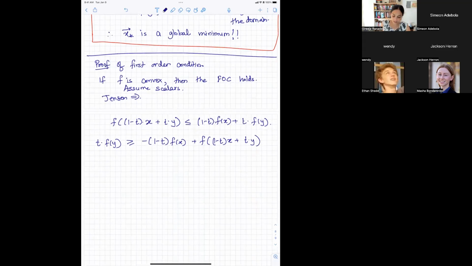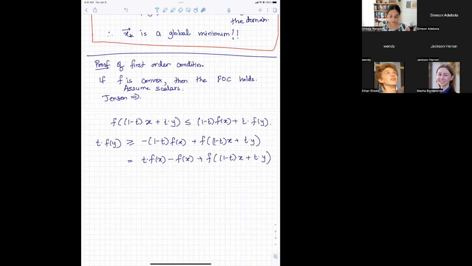Okay? And then again, doing just some rearranging. I feel like I did something wrong. No, okay, I think hopefully it's right. So I get t times f of x minus f of x plus f of 1 minus t times x plus t times y.